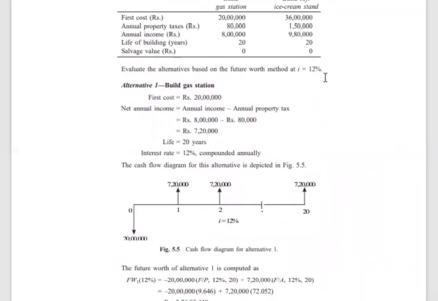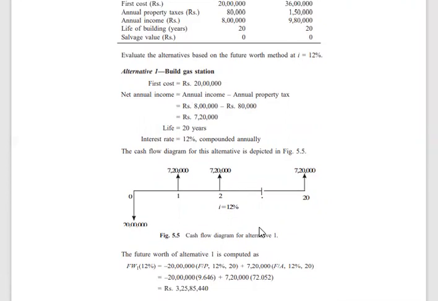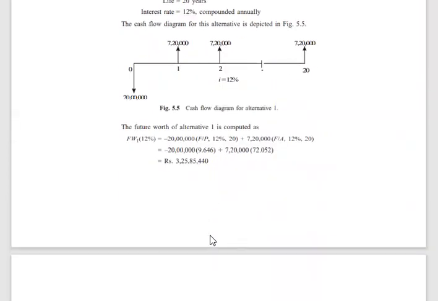I mean, the 12% is i, right? So with 20 years of lifespan and 7 lakhs 20,000, that is the net annual income, along with it F by A at 12%, 20. Okay, and you will get the answer.